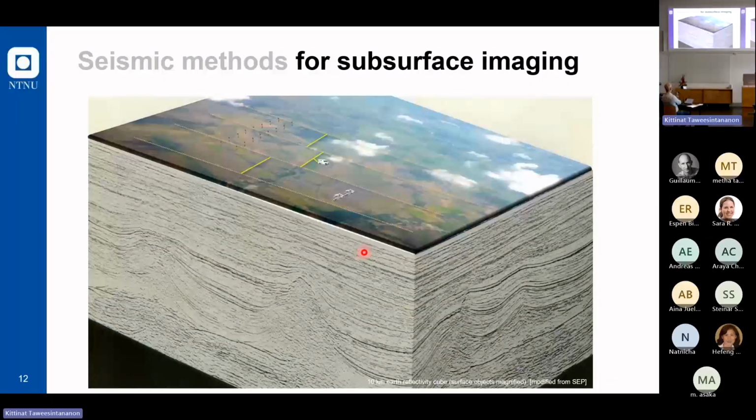So in the field, we have several seismic sources, and we shoot several times where we deploy the seismic receivers in the field. And then we have several seismic shot profiles. Then we bring that together, process it, and produce the subsurface image like this. And you can think of a lot of applications, like petroleum exploration or subsurface exploration.